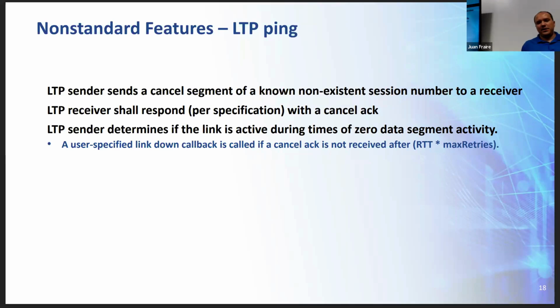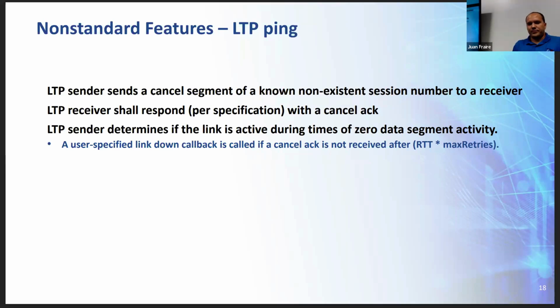What the LTP sender does, if it wants to know that the link is really there physically or not, is send a cancel segment of a known non-existent session number to the receiver. And per the LTP specification, the receiver must respond, whether or not that session existed, with a cancel acknowledgement segment. Hence, the sender can determine if the link is actually active during times of no data segment activity, no bundles being sent.